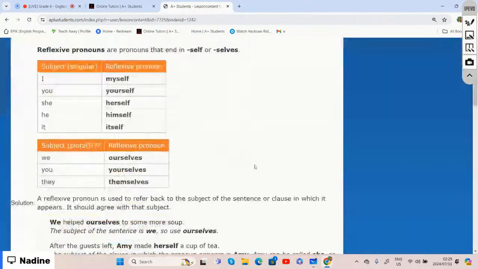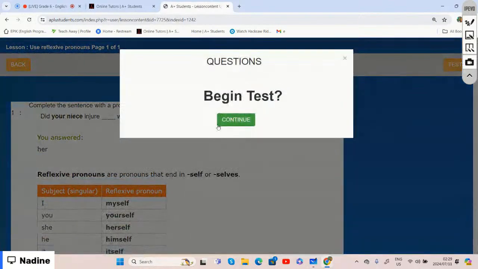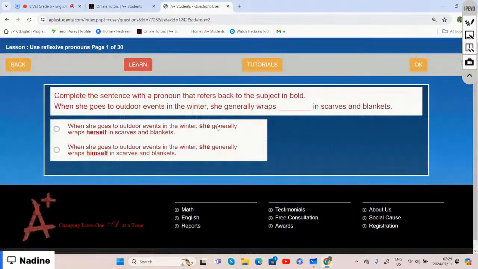All right, let's quickly just do the test of how to use reflexive pronouns, and then we're going on to the next one. We're going to have to choose the correct reflexive pronouns, right? It says you need to complete the sentence with a pronoun that refers back to the subject in bold.